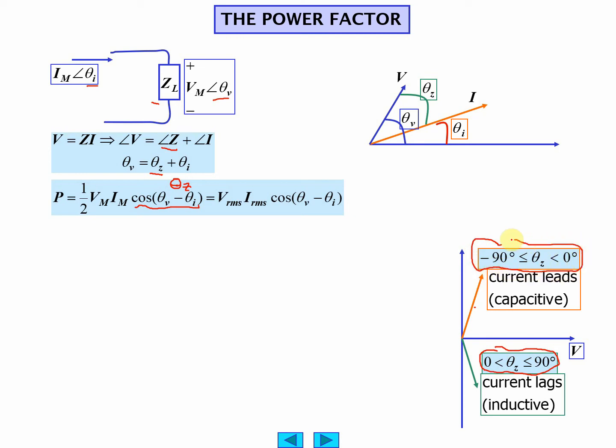They're never in the second or third quadrant, the difference between the two. For passive components, I should make a qualification there. You could use transistors and op amps and things like that to make something that's in third or fourth, but for passive components, this is what you have.